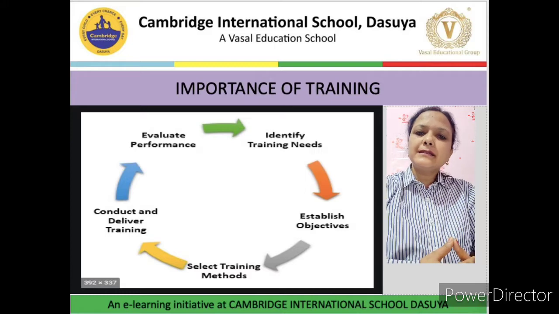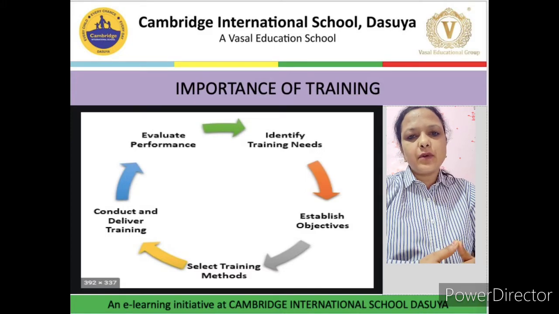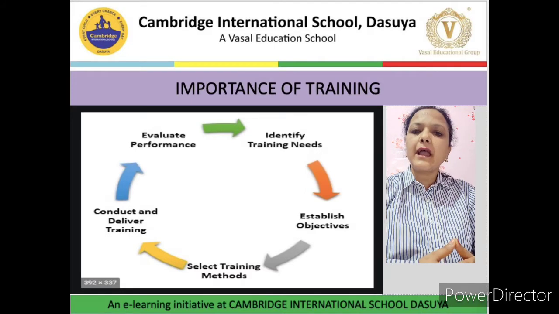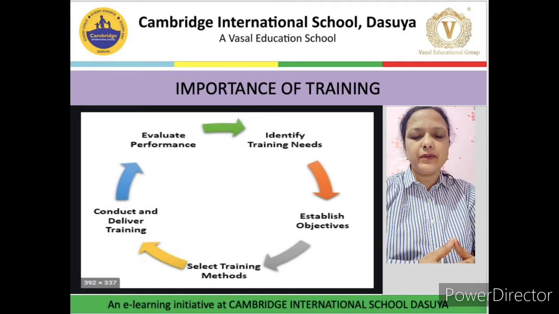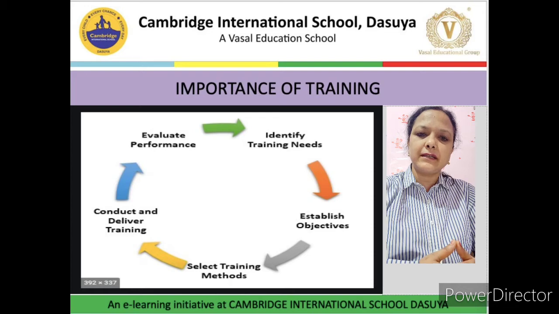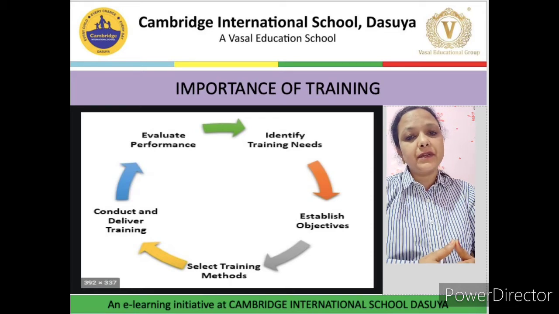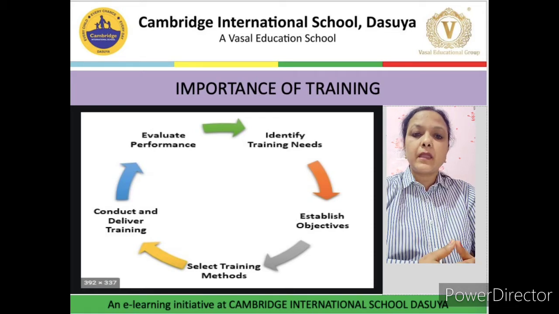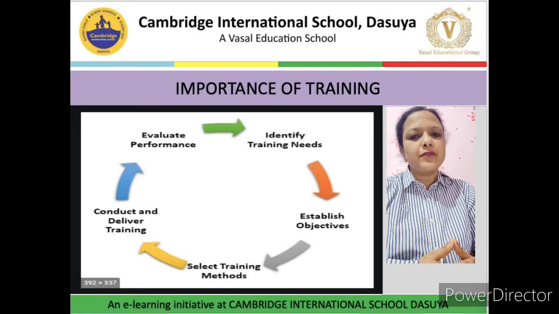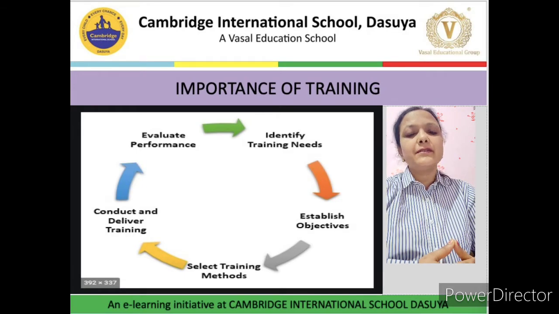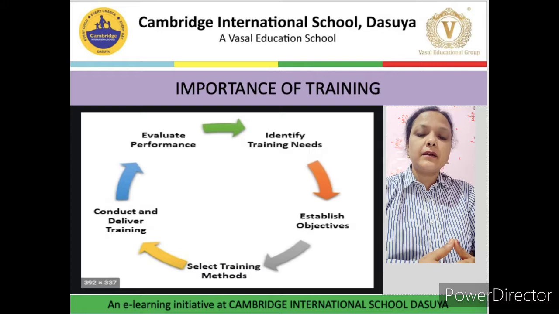Training is the act to increase knowledge, technical skills, and ability of an employee so that he can work effectively and efficiently. So it will help to reduce the cost of production. Training is beneficial for the organization as well as for the employee so that both can perform better, which leads to attaining organizational goals.